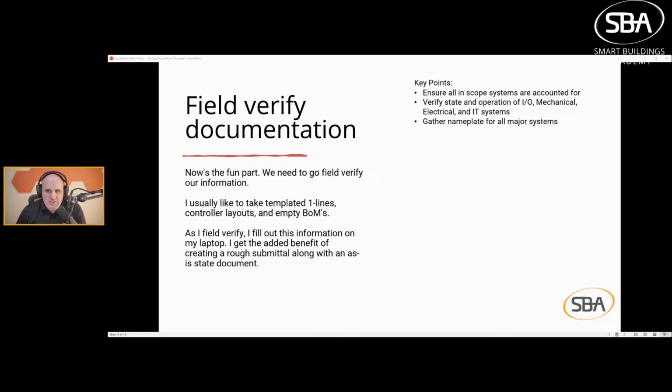Now, as you do this, you want to ensure all in-scope systems are accounted for, right? Anything that's in the scope, make sure it's accounted for. If you are doing a chiller retrofit and you do a site visit and there's no chiller, then something is wrong and you need to figure out why. You need to verify state and operation of inputs and outputs, mechanical, electrical, and IT systems.